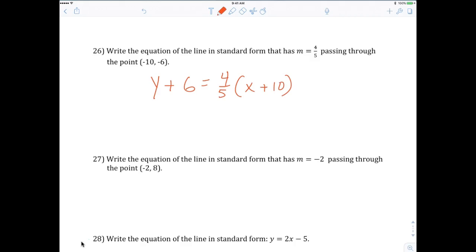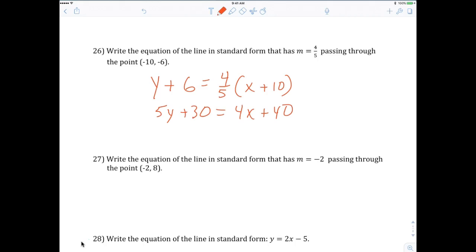We good on that? All right. You finish it off. You do 5 times 6 and 5 times y. So what would that be? 5y plus 30, and it equals 4x plus 40. All right. So finish it off. Standard form.